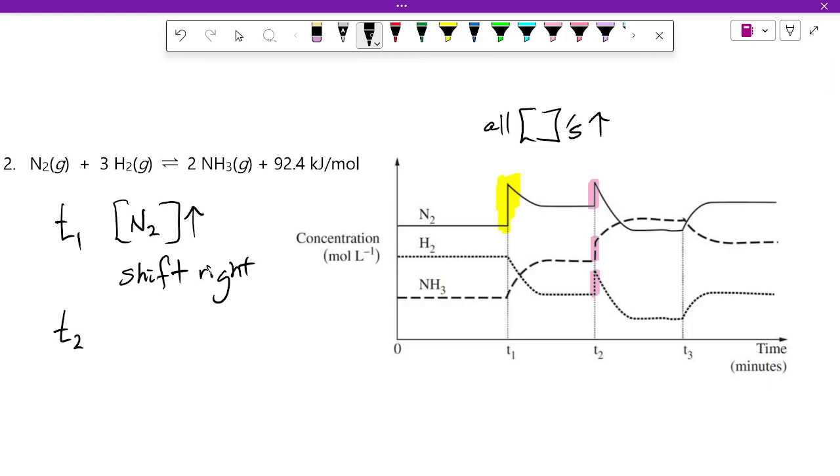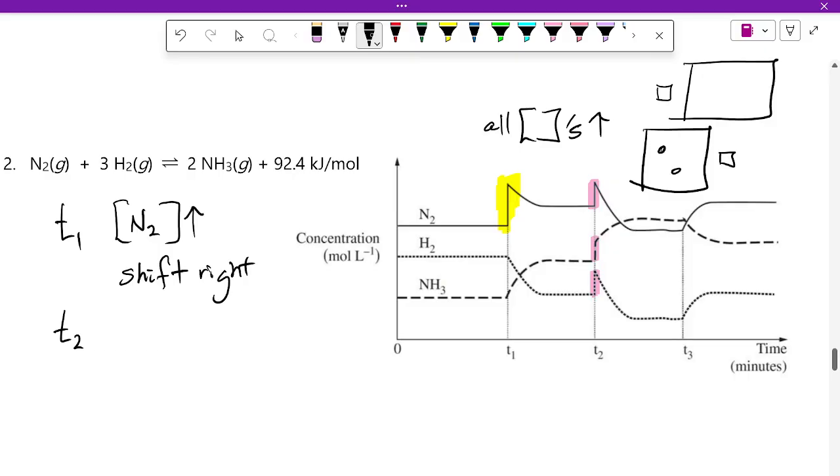We made the volume smaller. Yeah? So we decreased the volume, which means we increased the pressure. And that resulted in a shift to the left.